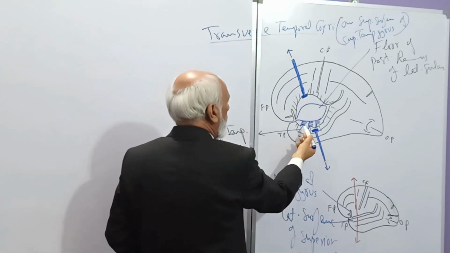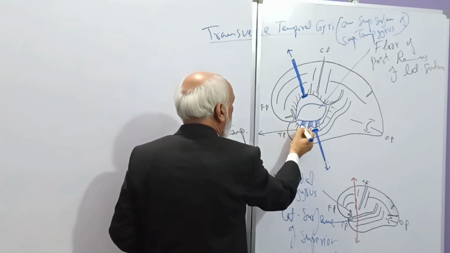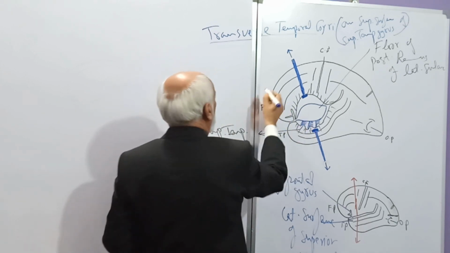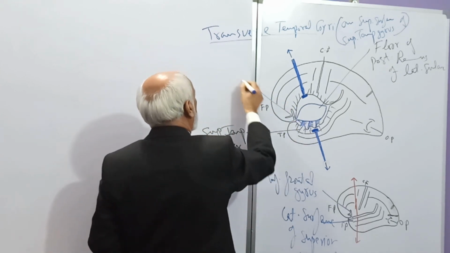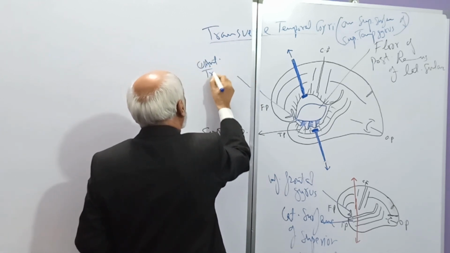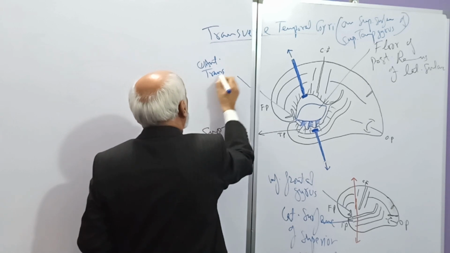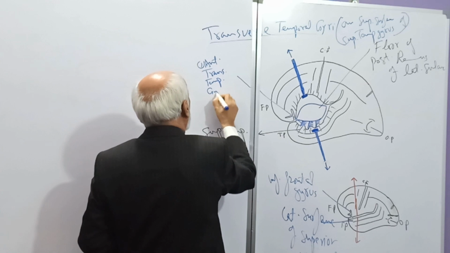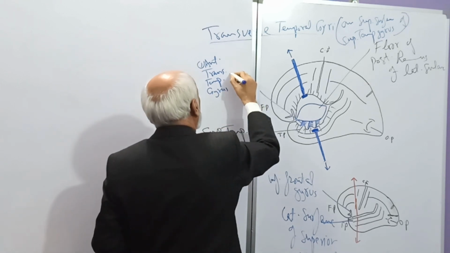Now there are usually 3 such gyri. One is the anterior transverse temporal gyrus.